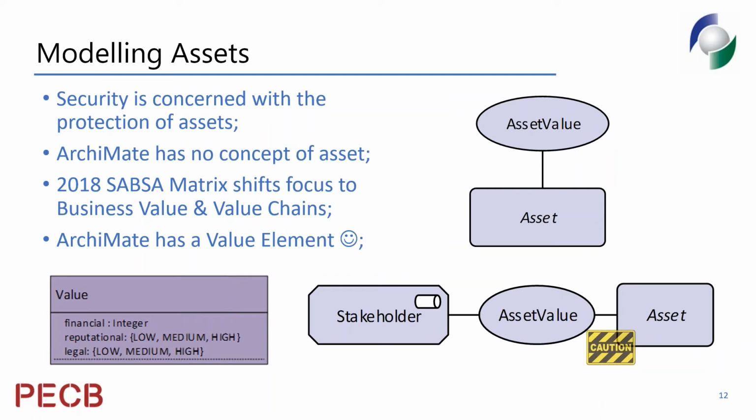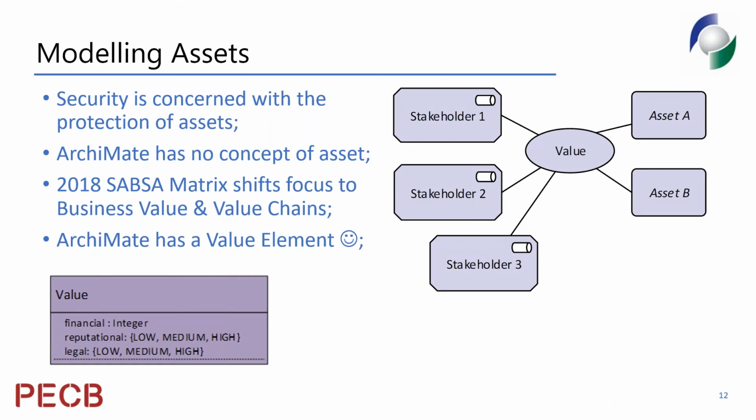Now, what I've shown there is the intuitive way of doing it, asserting the asset value in line. But with a bit of experience, in medium and large scale models, you very often come under situations where multiple stakeholders see the same value in one asset, or they see the same value in multiple assets, and even though your diagrams might be able to express that clearly and keep those concerns separate, in the underlying model, the value starts looking like a concentrator, a bit of a hub.